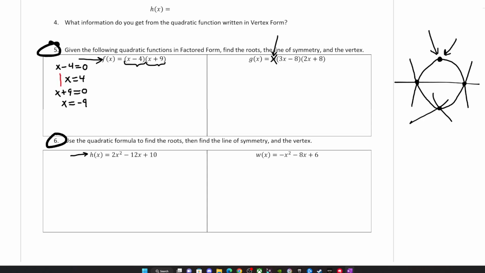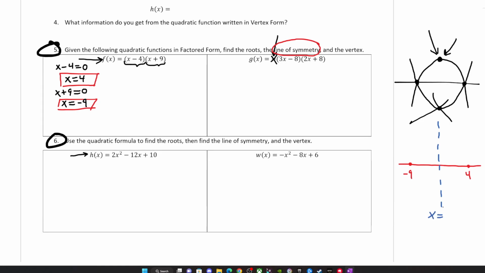So these are my roots. These are my x-intercepts. Okay, so on my x and y axis, at -9 the graph will go through here, and it will also go through at 4. So at -9 and 4. Now, to find the line of symmetry, remember this is a parabola, so the line of symmetry must be right in between these two points.